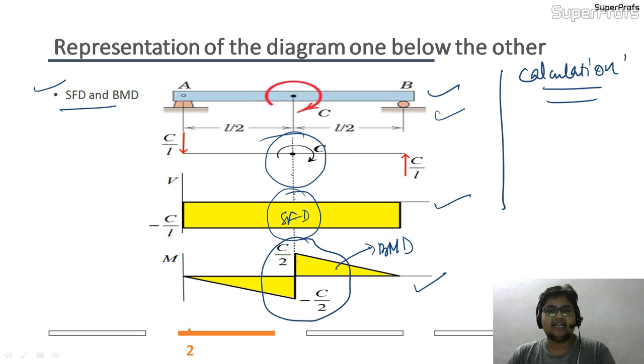So it is always advisable to draw the loading diagram and the shear force and bending moment diagram one below the other, and do the calculation on the other side. You will maintain very good neatness, and your chances of making mistakes will lessen.